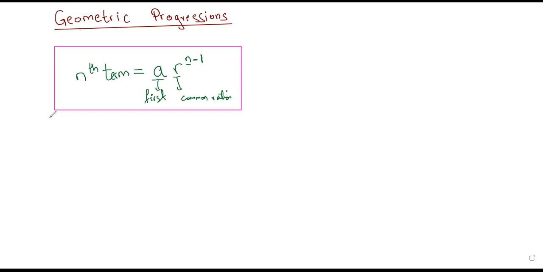So it says, the fifth term is 1 and common ratio is 1 by 2.